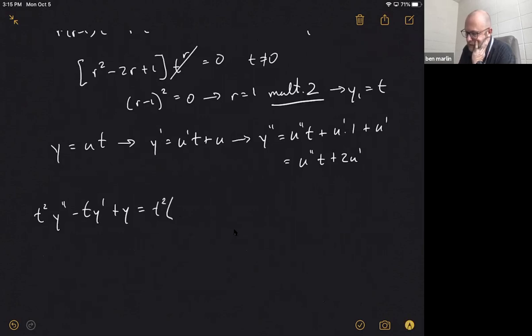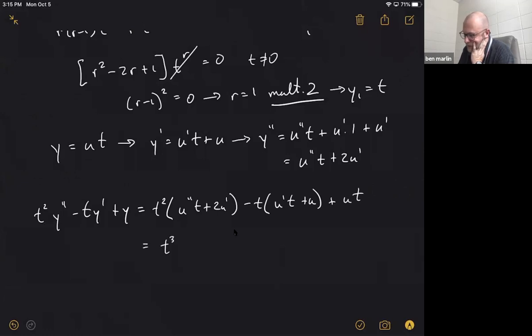So we got t squared times the y double prime, which is u double prime t plus 2 u prime, and then minus t times the y prime, which was u prime t plus u, and then plus the y, which was just ut. We'll expand it out. And I'm going to write my t's before my u's.